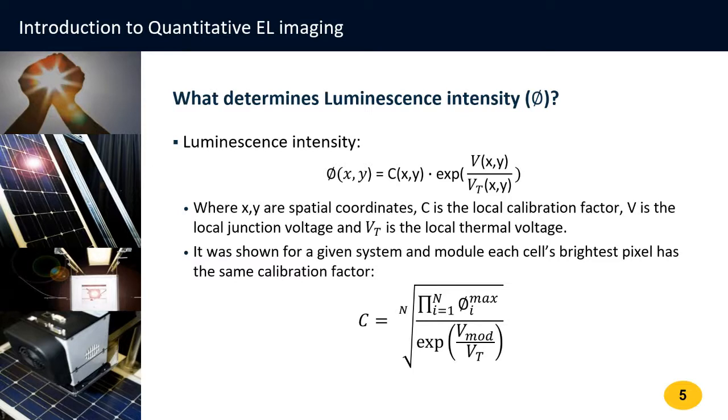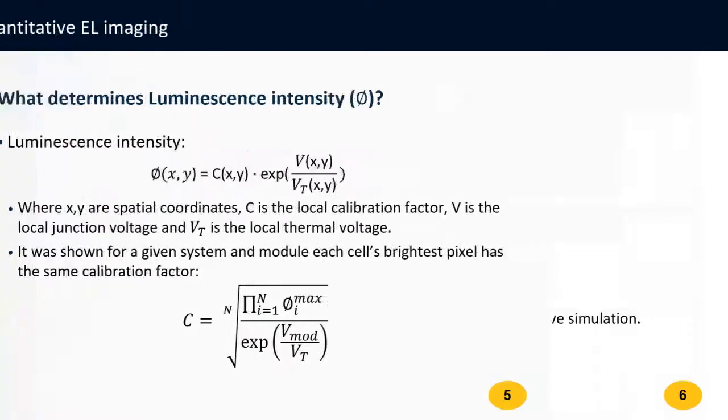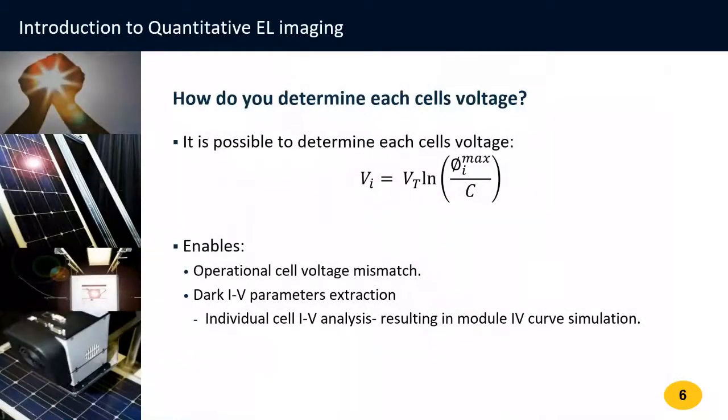It has been shown in previous literature that the calibration factor for a given system and a module for the brightest pixel in each cell has the exact same calibration factor, and therefore it is possible to determine this value and therefore rework it to determine each cell's individual voltage.